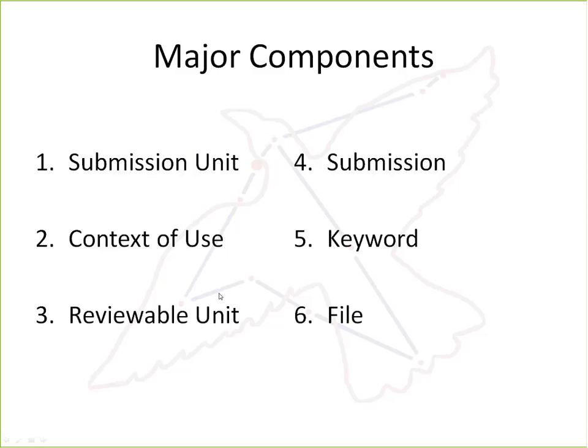You have a reviewable unit, which is the module. You have submissions, which should be self-explanatory, keywords, and files. Now, a lot of these things don't directly translate, but I'll try to equate it to eCTD as much as possible.